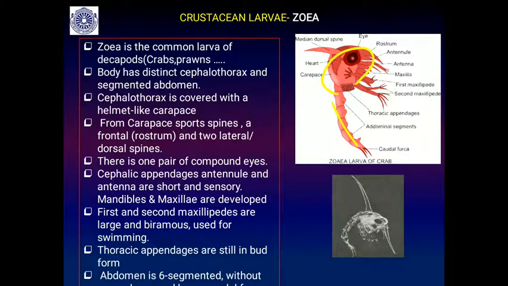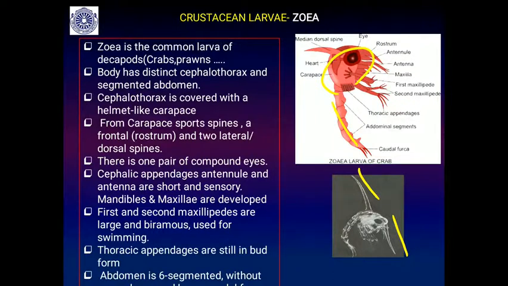The cephalothorax is covered with the carapace. You will find it is similar to that of the adult. This carapace produces two spines. You can see there are a pair of spines in the dorsal region and a single spine in the rostrum, forming the rostral spine.